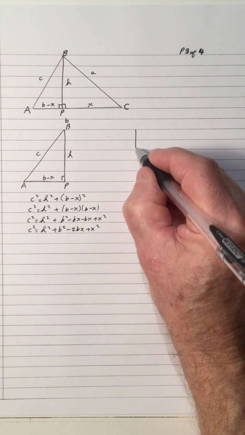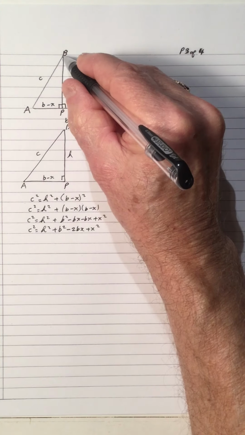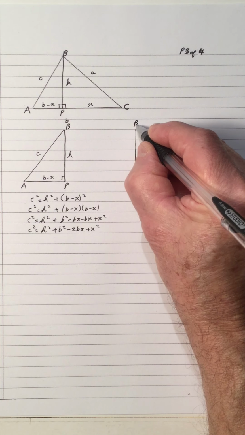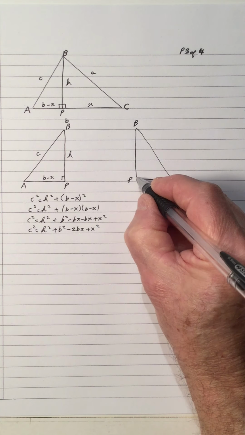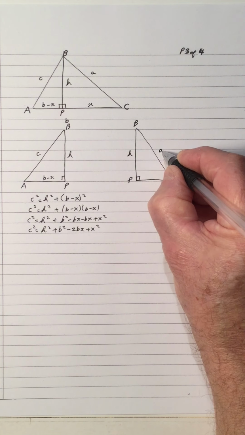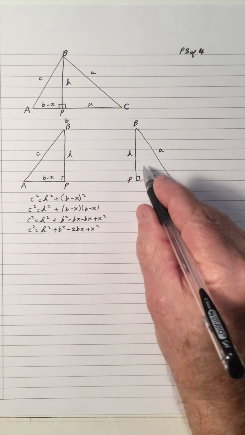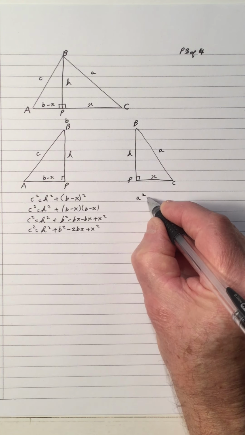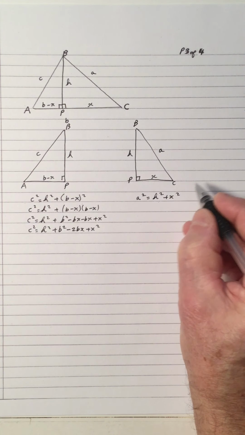Now we'll draw the triangle BPC. This is a right angle, and this side is h, that's a, and that's x. As a result of this triangle, Pythagorean gives a squared equals h squared plus x squared.